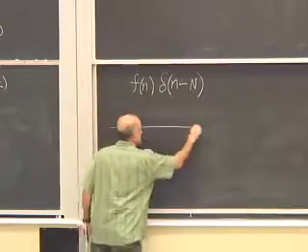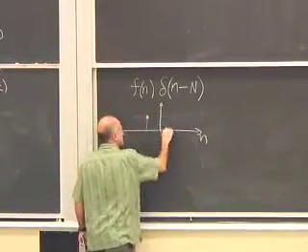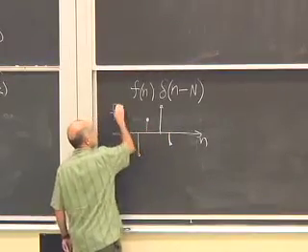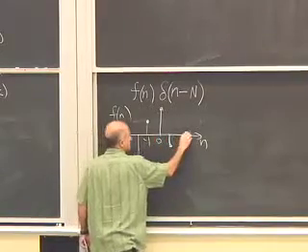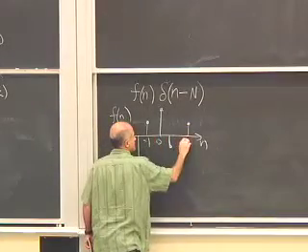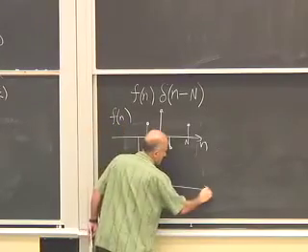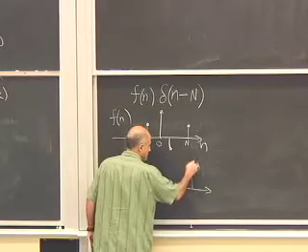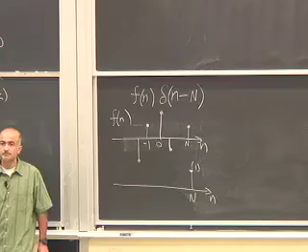Okay, so here's my f of n. This is f of n. Okay, 0, minus 1, and let's say this is n. And I multiply this signal pointwise by delta at n. What am I going to get?